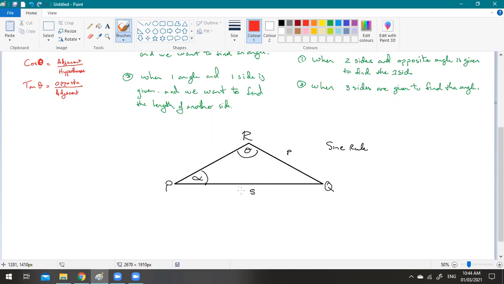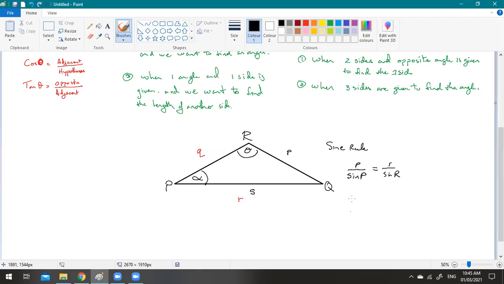Opposite R will be R, opposite Q will be Q, opposite P will be P. So what they give us for the sine rule is R and P. So P over sine the angle at P is equal to R over sine the angle at R. The angle at R was theta and the angle at P is alpha.